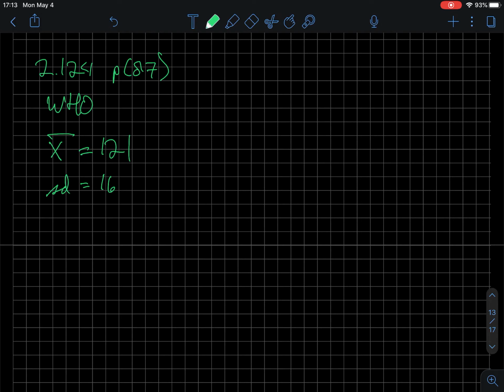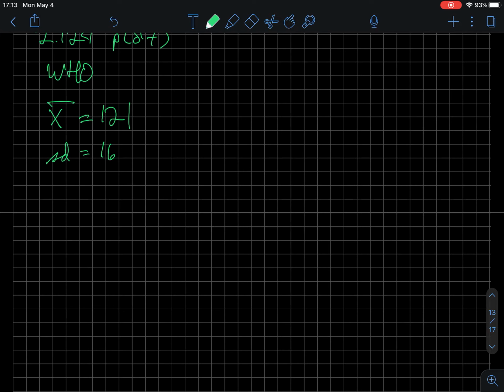We have a new reading of 140. What is the z-score?